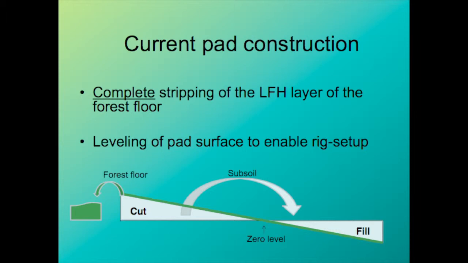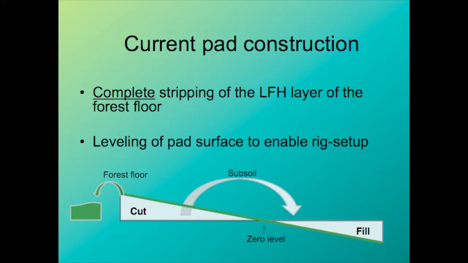The forest floor has to be removed, and then it's piled somewhere. And then they take the cut end and they fill it in, and then they have a flat surface. Okay, and that's when they put the rig on and do their drilling for months, and then they walk away again. And then they remove the fill, recontour the land, and then they put that stuff back on top.